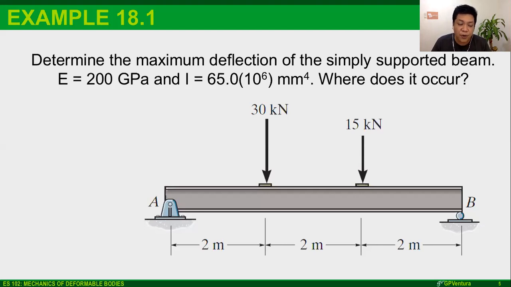Therefore, our first task always is to locate where it occurs. We don't have any free end over here. We don't have an internal hinge. Therefore, the only plausible location is somewhere between points A and B, where the slope of the elastic curve is equal to 0.